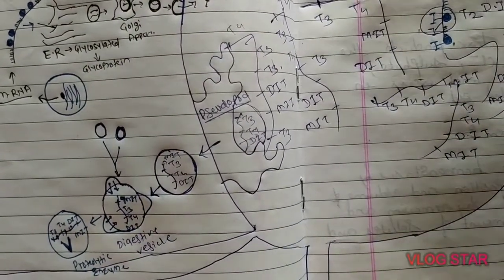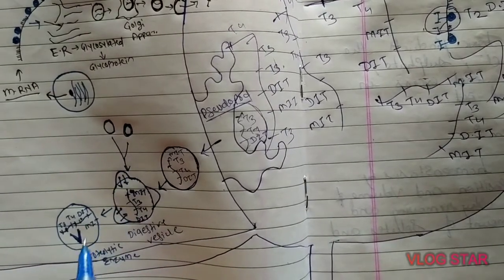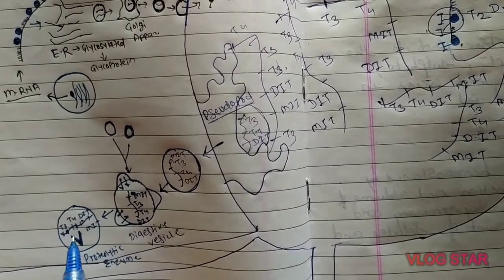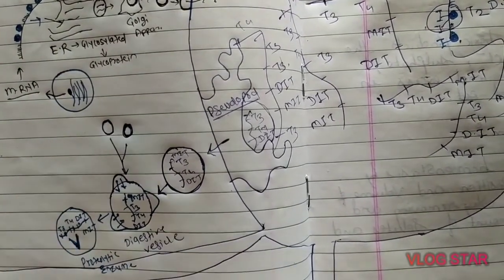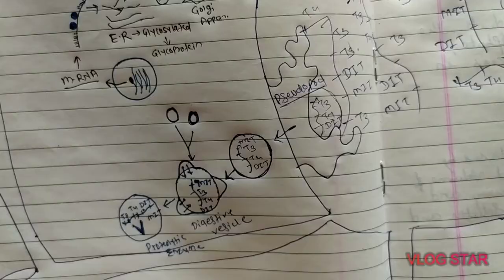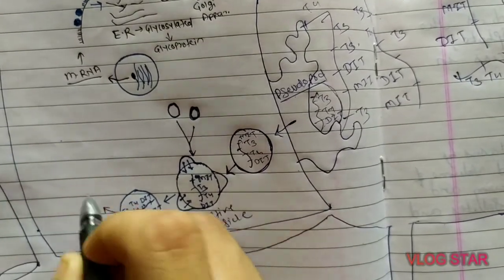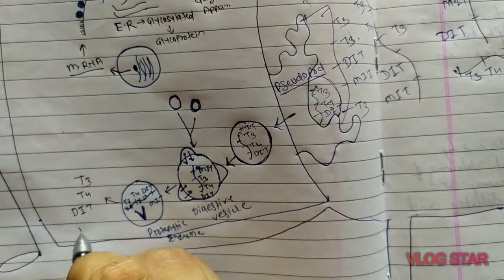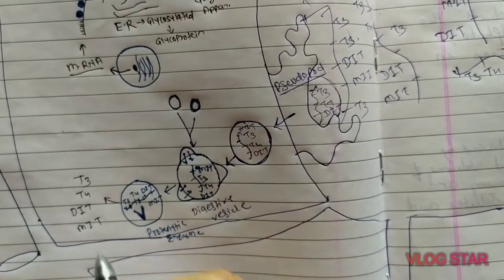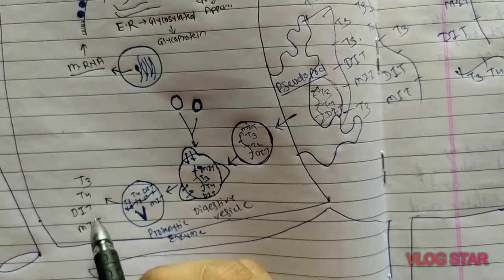With the help of this proteolytic enzyme, which is coming from the lysosomal system, the T3 molecule, T4 molecule, diiodotyrosine molecule and monoiodotyrosine molecule are cleaved. So the molecules of T3, T4, diiodotyrosine and monoiodotyrosine finally get formed.